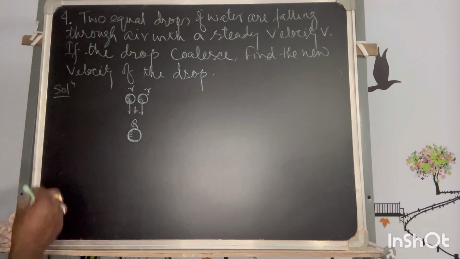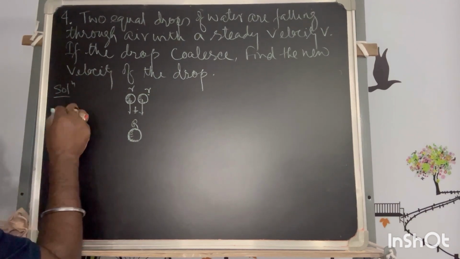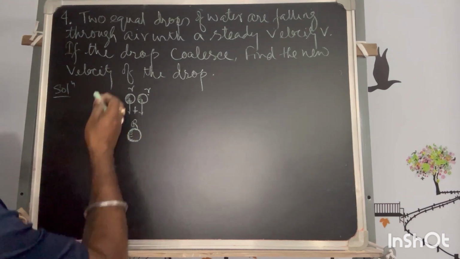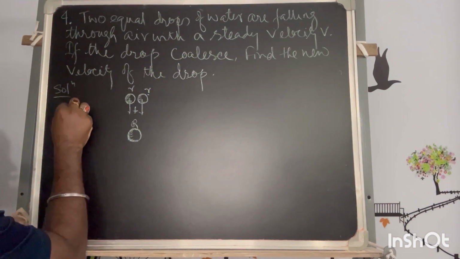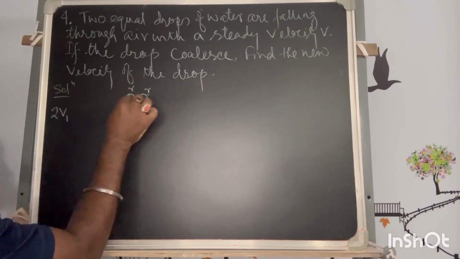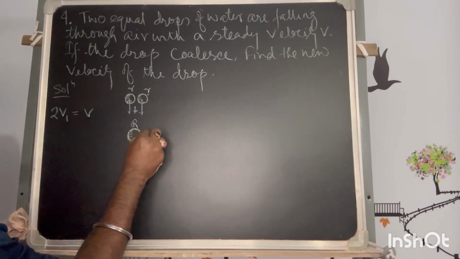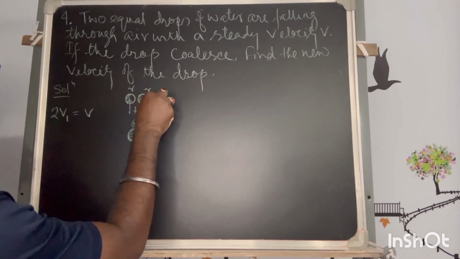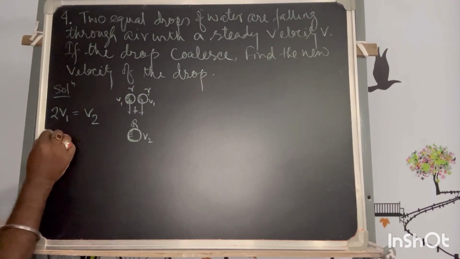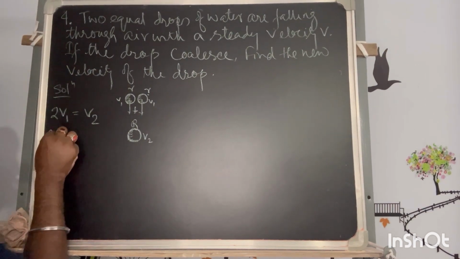So density is not changing, so we can assume that V1 of these two, because these are similar, is equal to V2. So 2V1 is equal to V2.